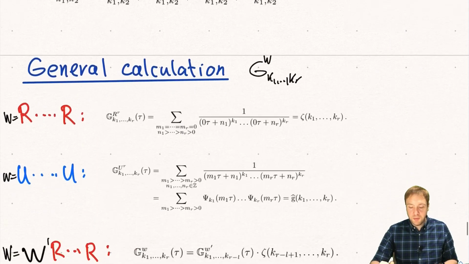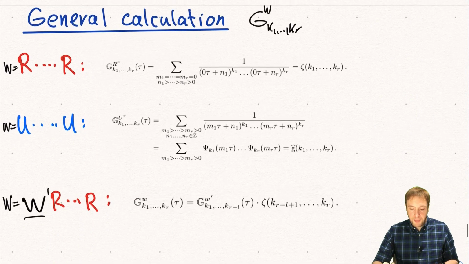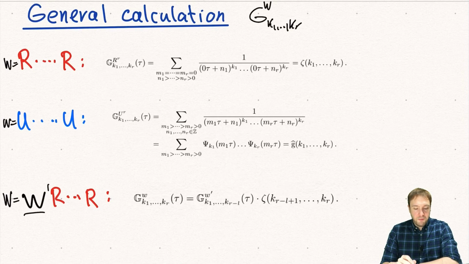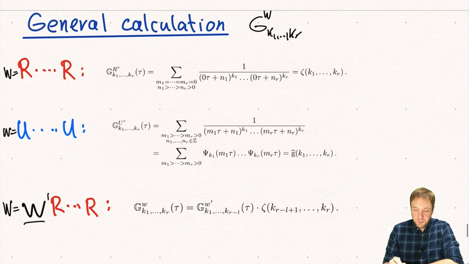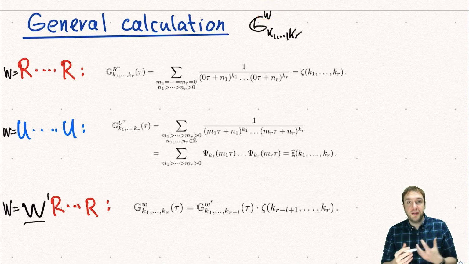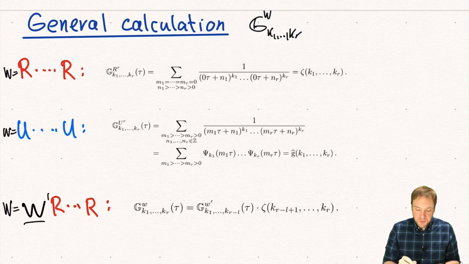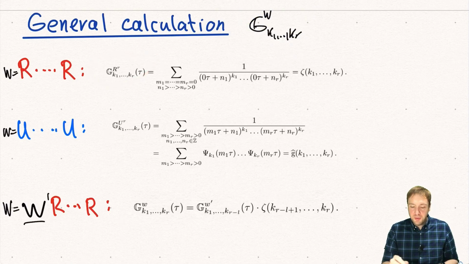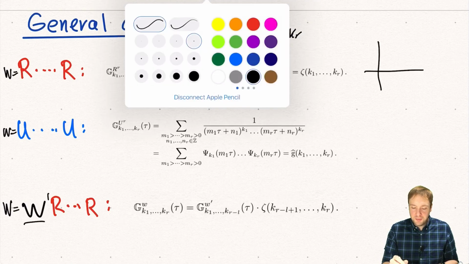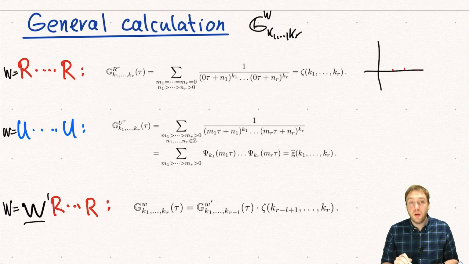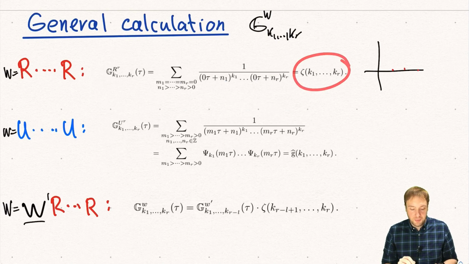Okay, so in general, we have the following. Whenever this word is just r, so now we consider g of some w, where w is a word in the letters a, l, r, and u, of k1 to kr. If it's just the word r, this just means all lattice points are on the real axis, so this just gives a zeta value.